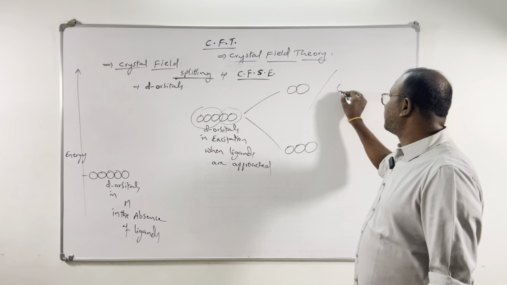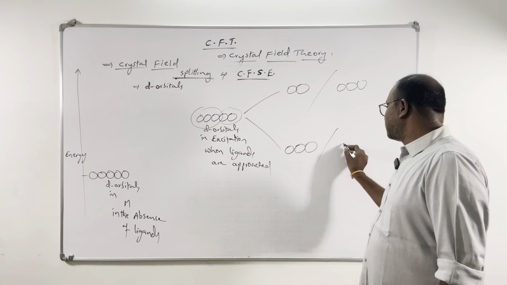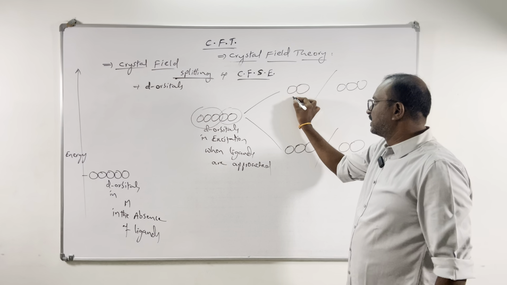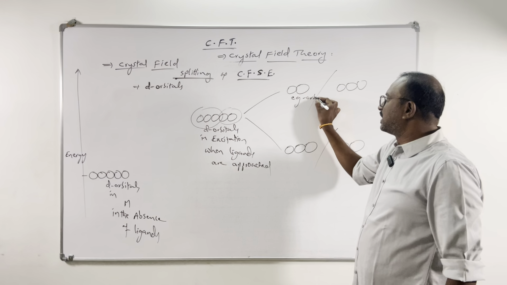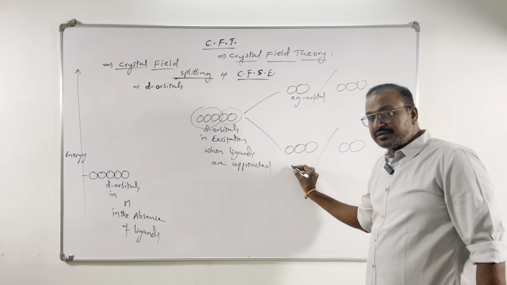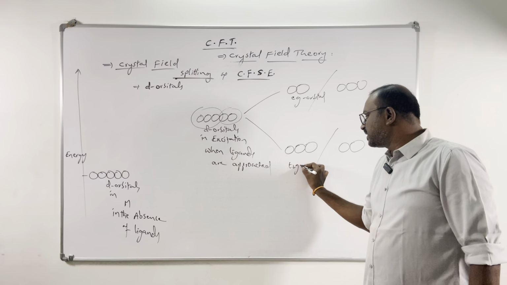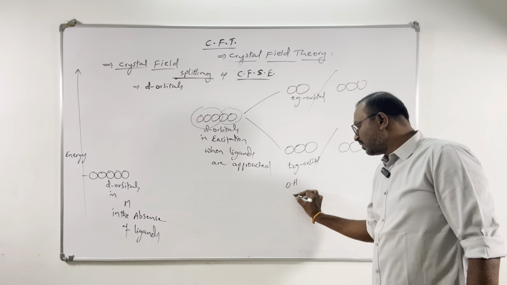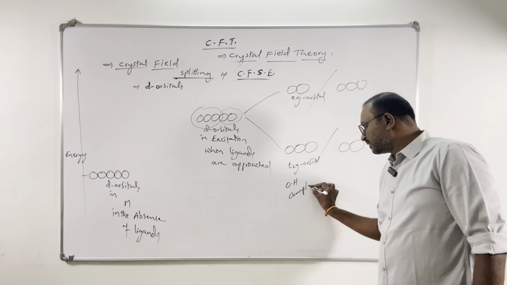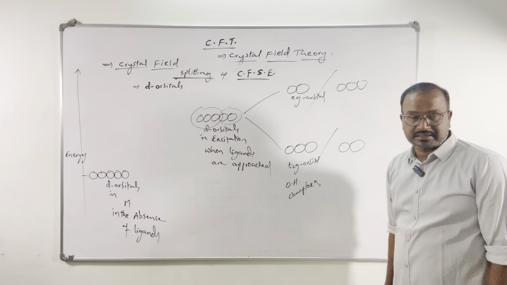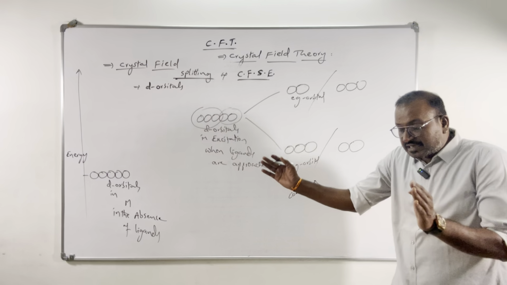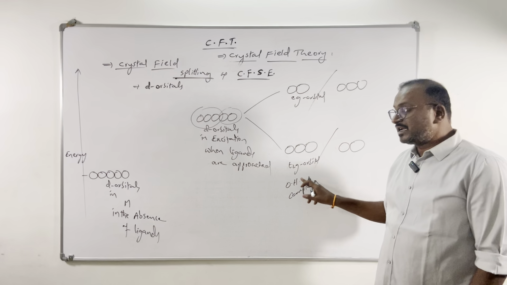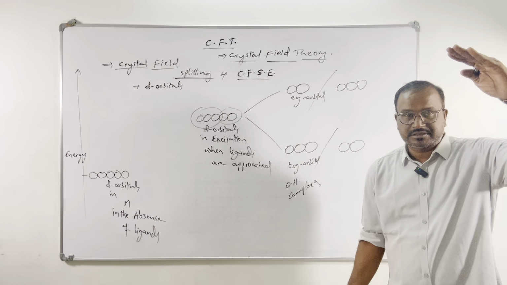In tetrahedral complexes, the splitting will be there like this. Eg orbitals will get higher energy than T2g orbitals in octahedral complexes. When 6 ligands approach, Eg orbitals will get higher energy than T2g orbitals; they will be split.